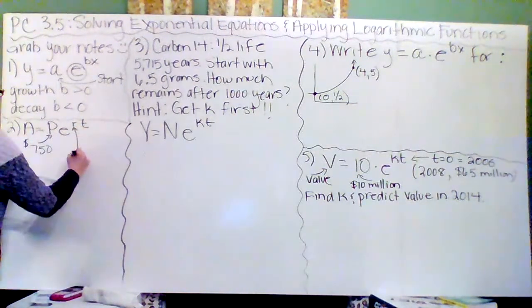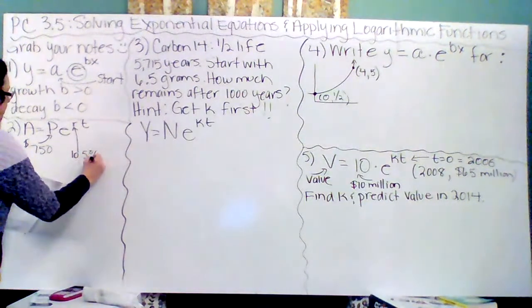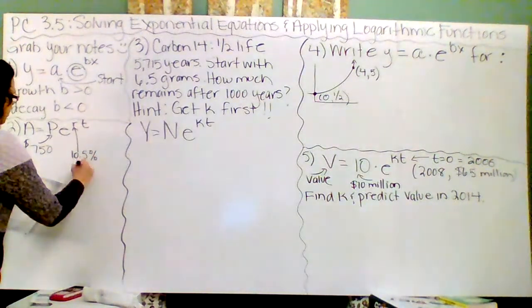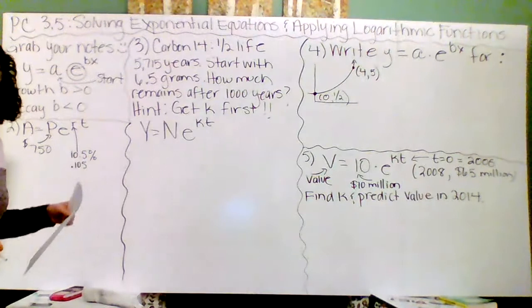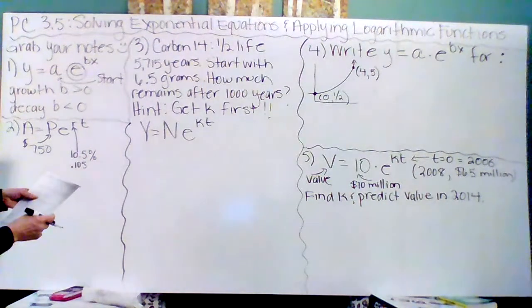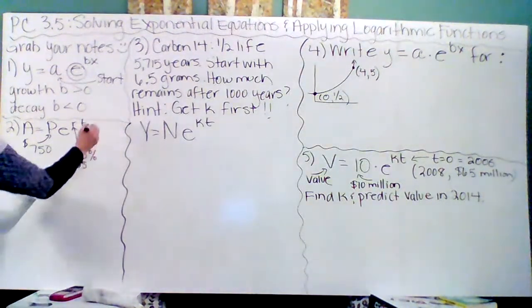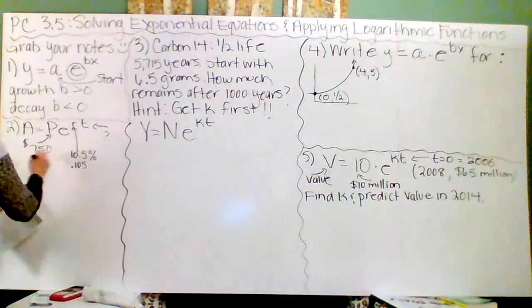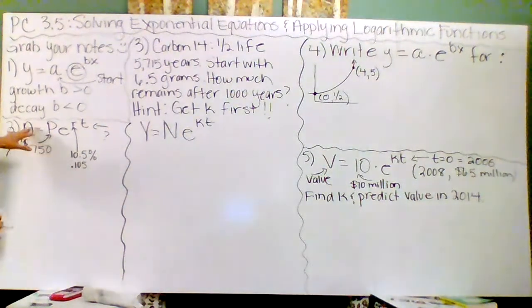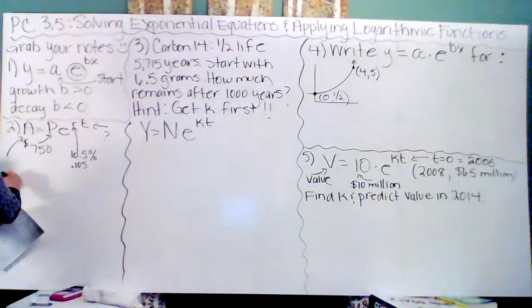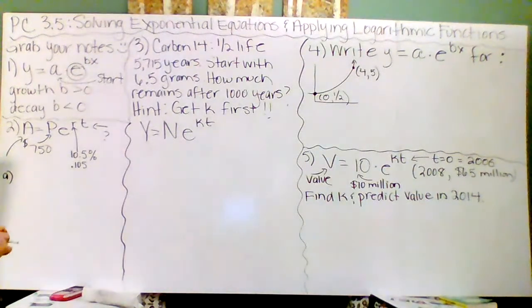That is your rate, 10.5%, right? Or 0.105, right? As a decimal. They want to know first, how long will it take? They're asking you time to double your money. So they want this output to be double. So this is the first part in A, and then we'll do B.